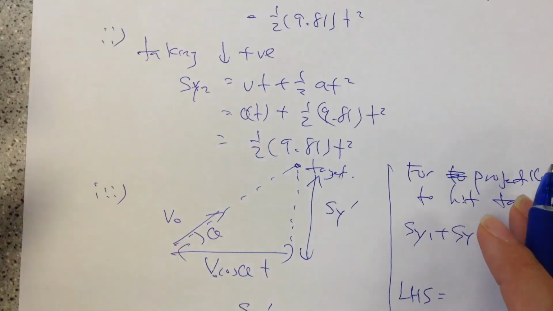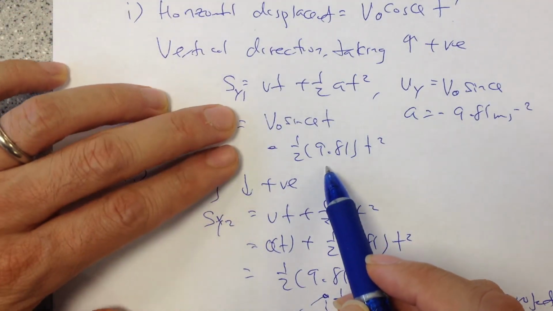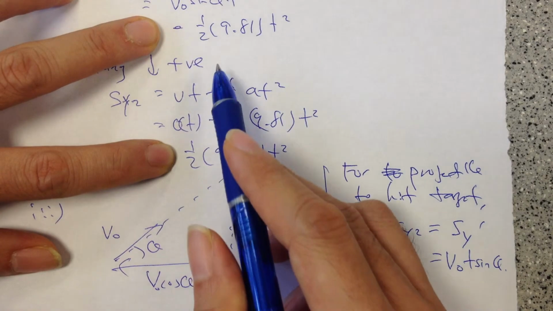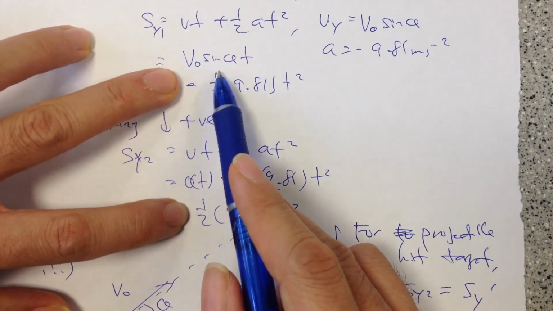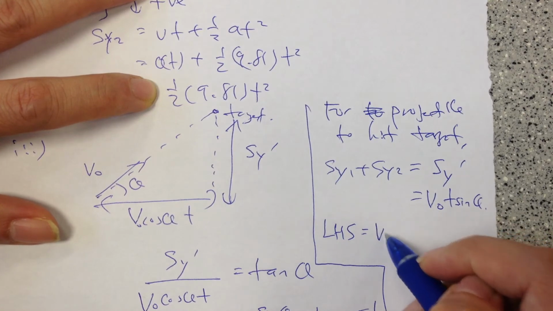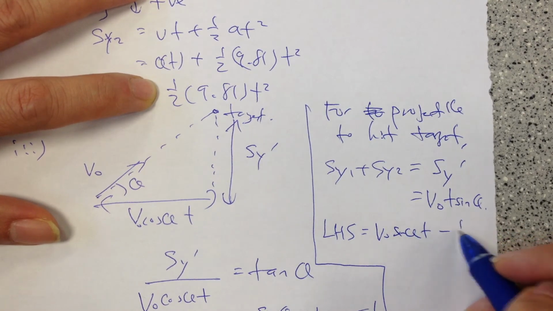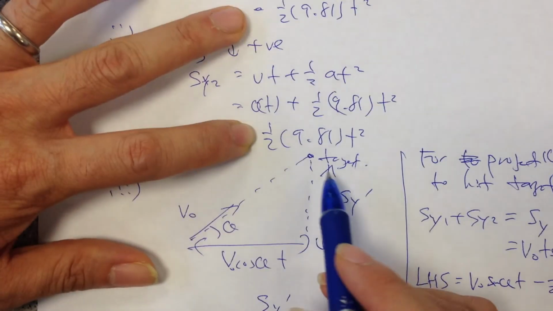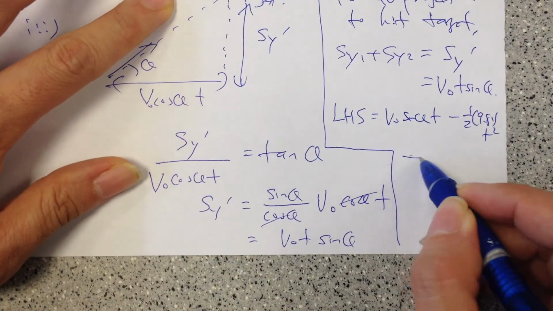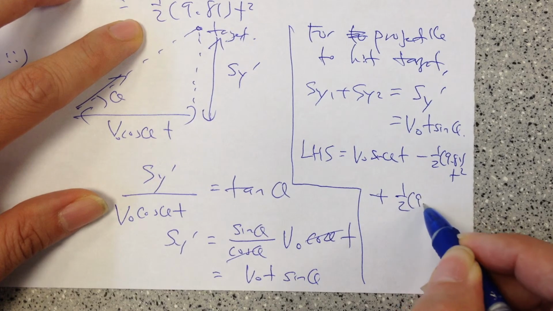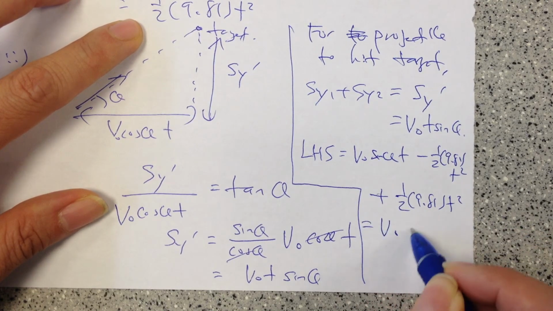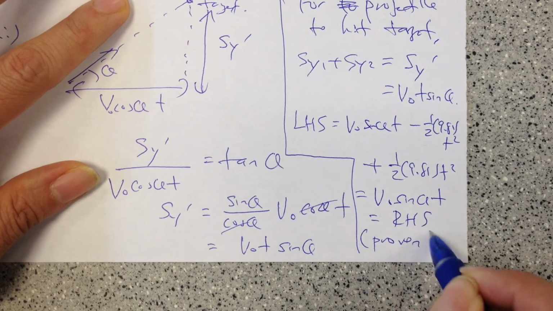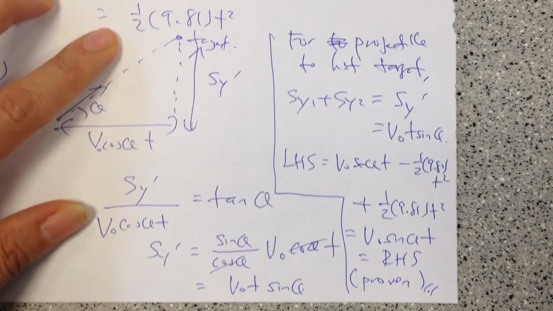I already have my sy1 and sy2. That will be equal to, look here, my sy1, which is v sine theta t minus half 9.81 t square, and then add sy2, plus half 9.81 t square, which is equal to the right hand side, proven. So that's how you do it.